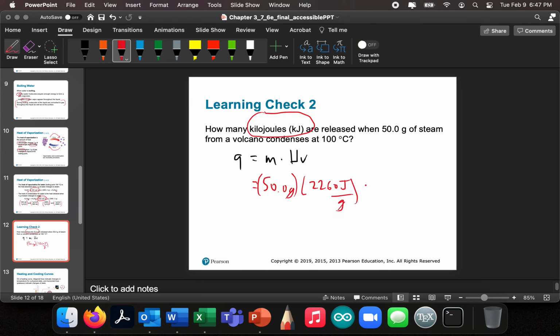Grams cross off, and we're asking for kilojoules, so we'll convert that last. 50 times 2260 equals 113,000 joules. And watch this. This was 3 sig figs, and this was 3 sig figs, right? So this will also be 3 sig figs, and we're going to report this as 113 kilojoules, and there's our answer. All right.